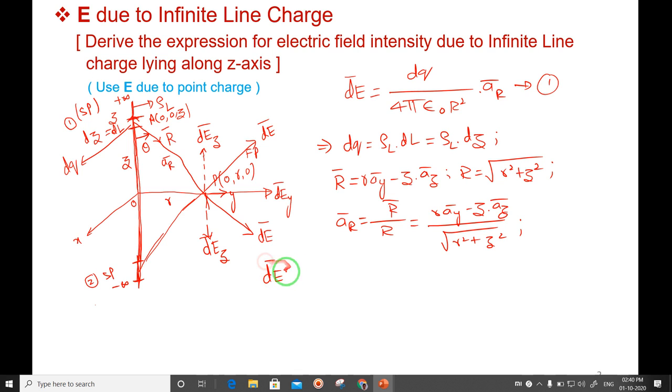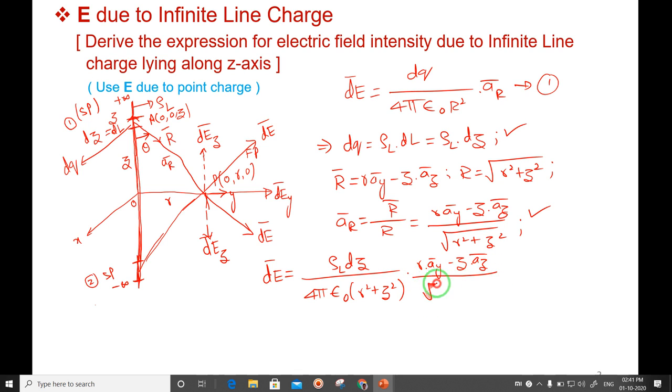Equation 1 implies dE vector is equal to rho l into dz divided by 4 pi epsilon naught, and what is r square? R is root of r square plus z square, but r square I want, so the root will vanish. So I can write it as r square plus z square into ar. Ar is this one: r into ay minus z into az divided by the square root of r square plus z square.